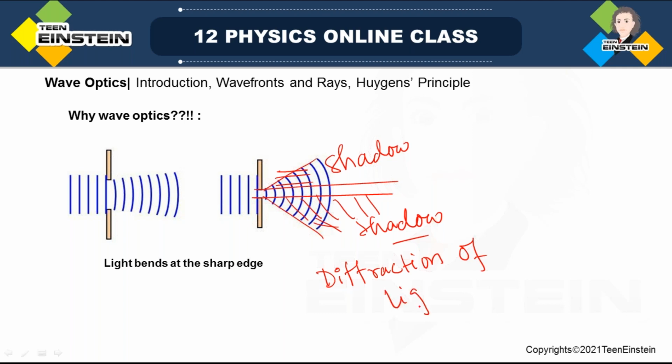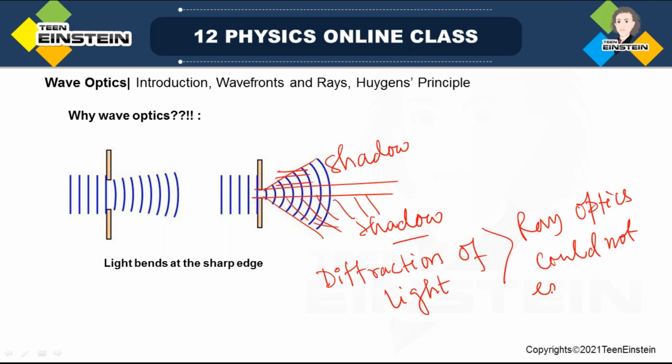Diffraction of light was one of the natural phenomena which ray optics could not explain. So here is the limitation.